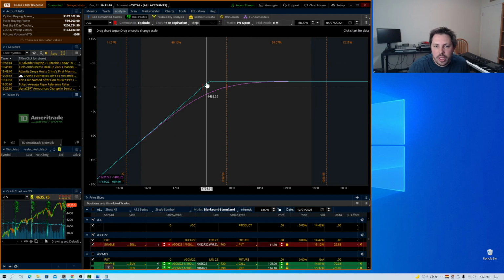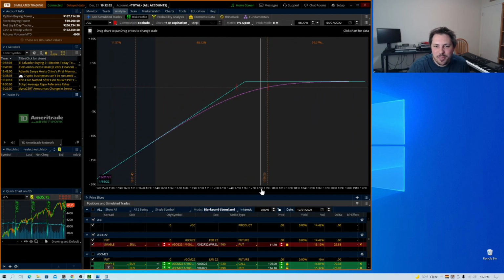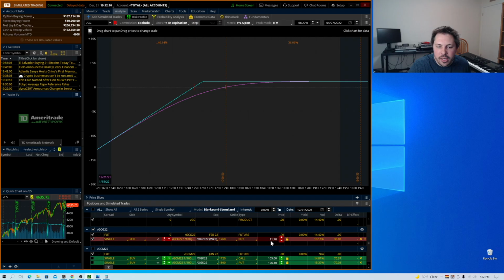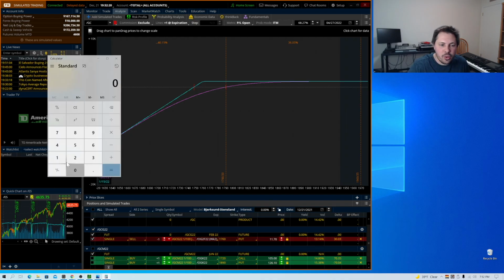The way this graph looks, the profit is capped. This 1760 strike put on the gold futures had a premium of 1170. 1170 times those 100 troy ounces gives us our premium.